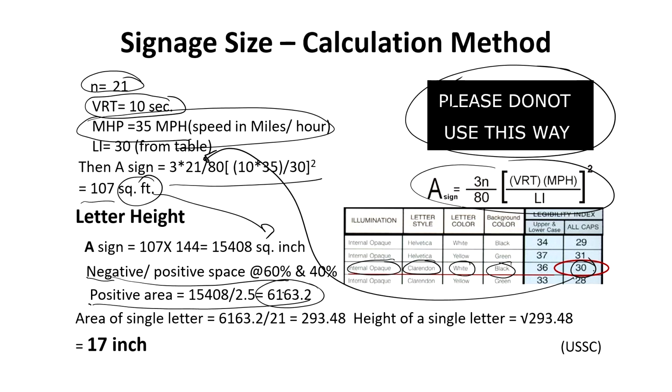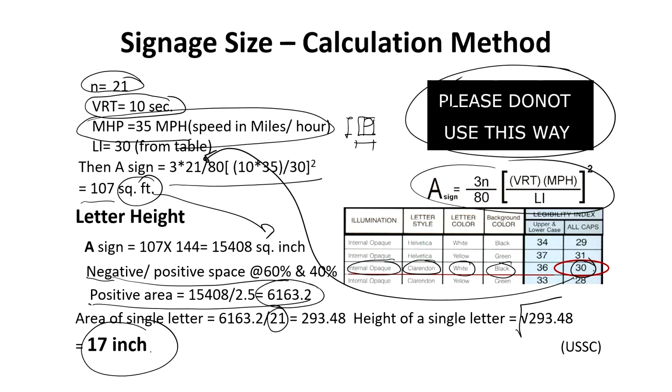Now, if this is my overall area and I am using 21 letters for the write-ups, what would be my letter height? Considering that each letter's length and width are equal, we have to take the root of this value. That gives me 17 inches.